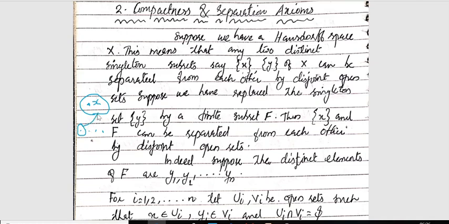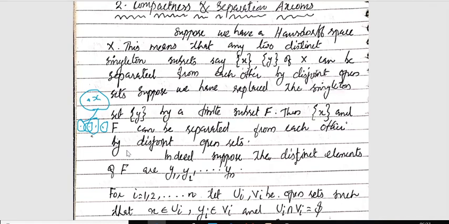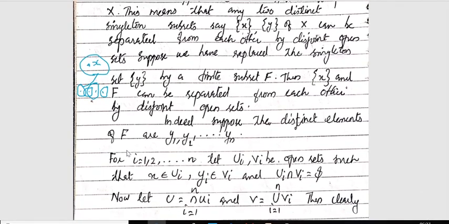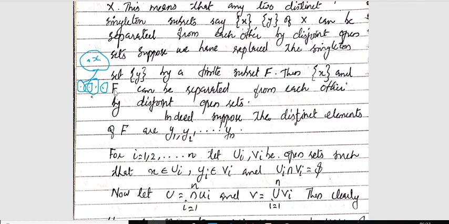Similarly, taking an open set containing x, you will get another open set containing the next element, because this point and your x are different. Similarly, you have open sets containing the other elements. Now if you have a finite set and x, again you can go for two disjoint open sets, one containing x and another containing the finite set.